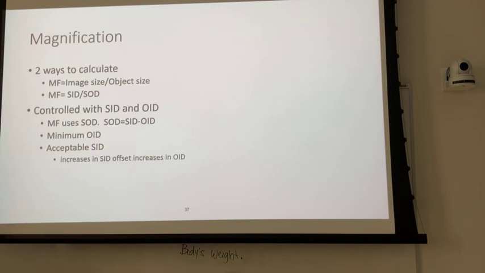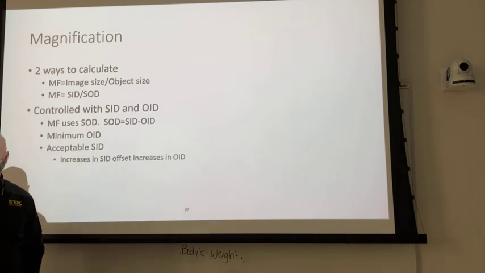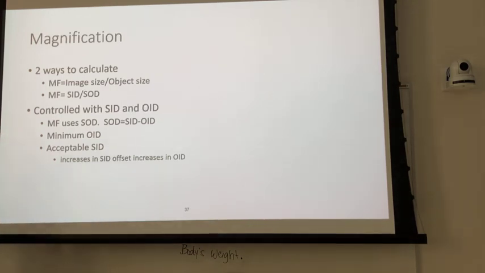But the size of your image is going to be slightly larger than the size of the object. So the magnification may be only 1%. So your magnification factor may be 1.01. That 0.01 represents the actual amount of magnification. That 1 represents the size of the image.